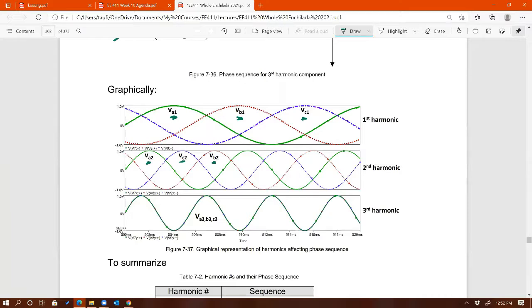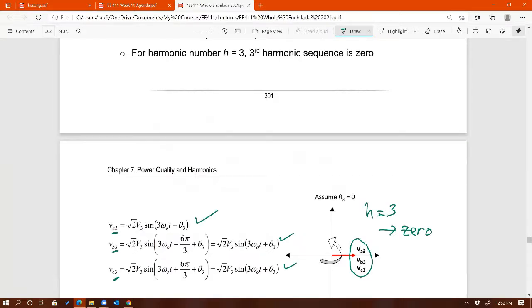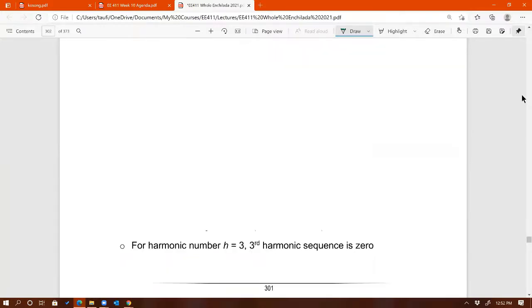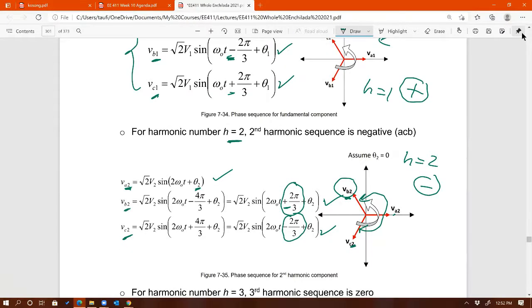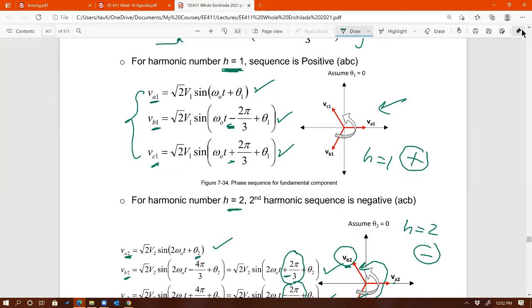See that? Now, what is so dangerous? What is the big deal about this zero sequence? You have to be concerned about this as well. If you look at positive sequence, imagine these are currents, not voltages. Imagine you have a 4-wire system, such as this. I'm going to draw this.